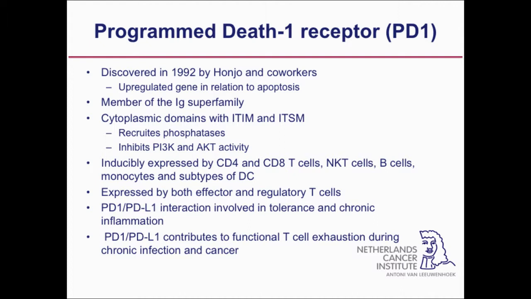So probably it's more widely expressed than, for instance, CTLA-4. It's expressed in both effector and regulatory T cells. Its interaction is involved, like CTLA-4, in tolerance, but also in chronic inflammation. And there's evidence that PD1 and PD-L1 contribute to functional T cell exhaustion during chronic infection, but also in cancer.